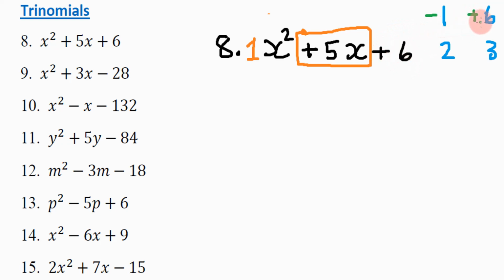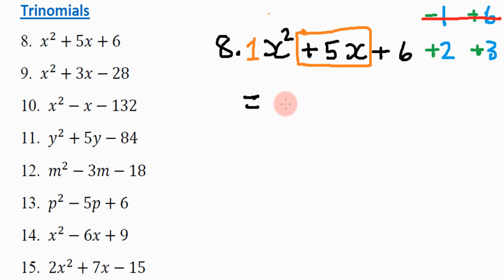And of course, negative 1 times positive 6 is negative 6. So we know that this won't work. 2 and 3 can also give us 5 if they're both positive. And now we check positive 2 times positive 3 does give us positive 6. So we know that 2 and 3 will work.